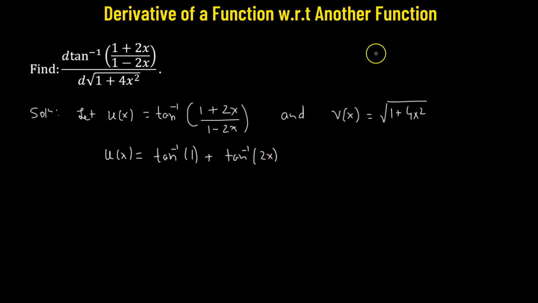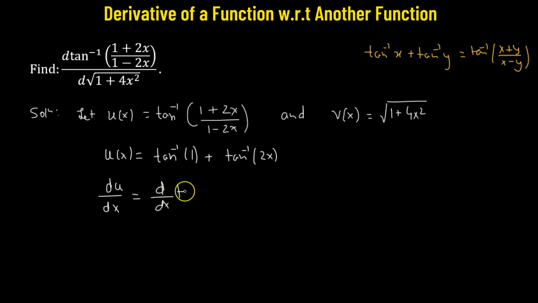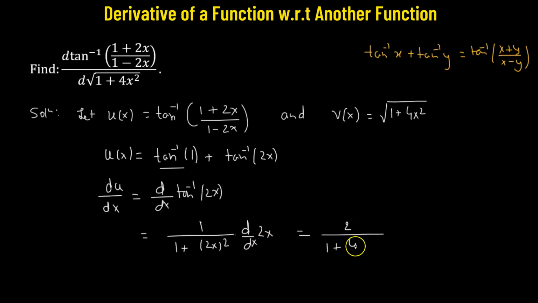Here we have used the identity that tangent inverse of x plus tangent inverse of y is equal to tangent inverse of (x plus y) divided by (1 minus xy). So when we take the derivative of u with respect to x, that will be simply equal to the derivative with respect to x of tangent inverse of 2x, since tangent inverse of 1 is a constant and its derivative with respect to x will be 0. That is 1 over 1 plus (2x) whole squared times the derivative with respect to x of 2x. And that gives us 2 divided by 1 plus 4x squared.